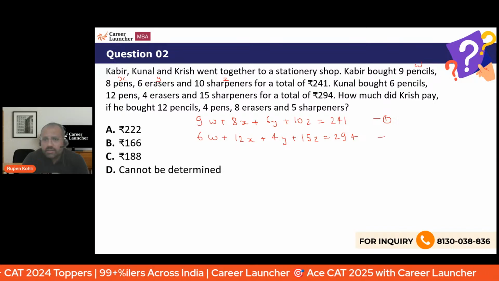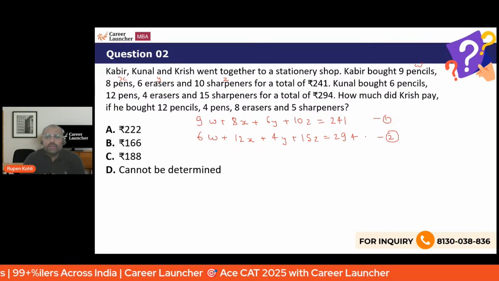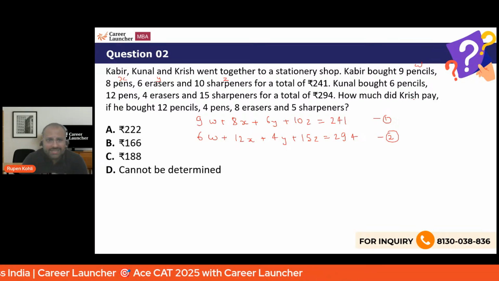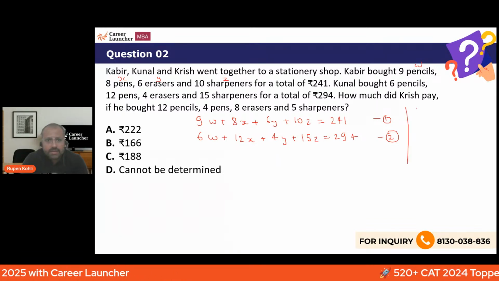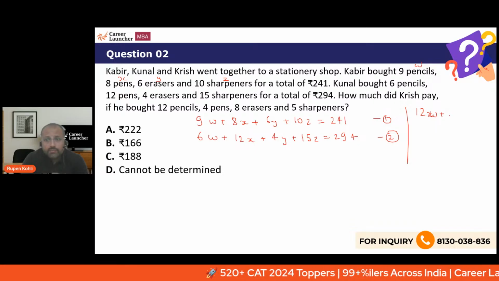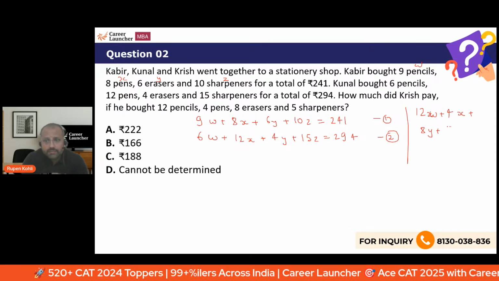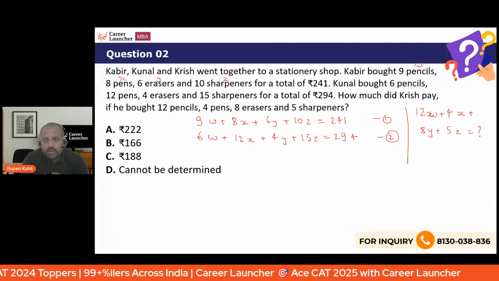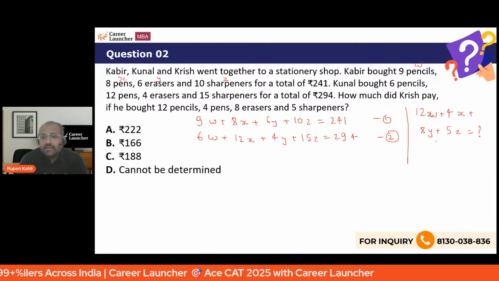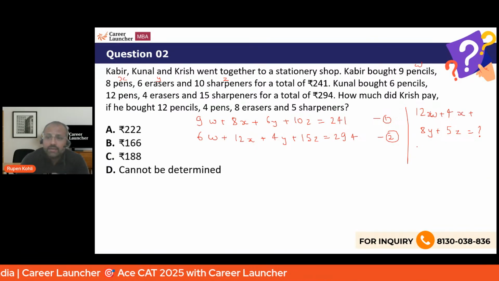From these two equations, we need to find the value of this expression for Krish: 12 pencils, 12w, 4x, 8y, 5z. This is how much. Now there is obviously a challenge. 4 variables, only 2 equations, and we need to find something. There is still an option of cannot be determined.